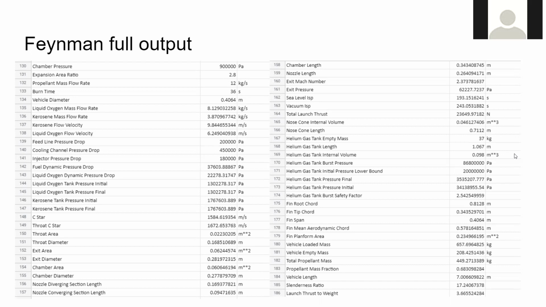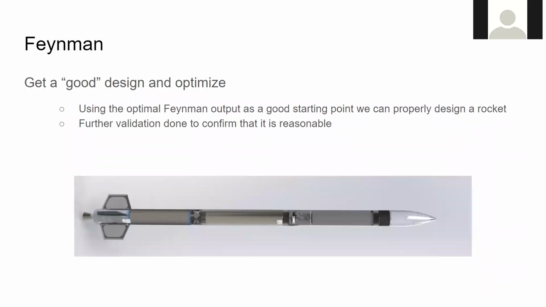And so using all of that, this is what we came up with for our current design. This is a 7-meter rocket. It is 0.4 meters in diameter. Takeoff thrust is 18 kilonewtons.